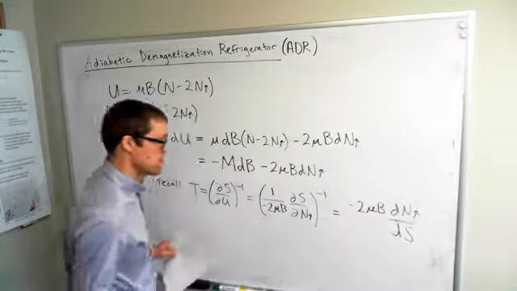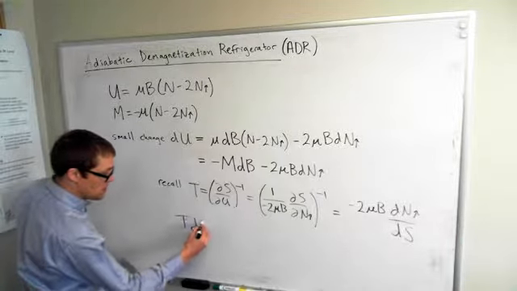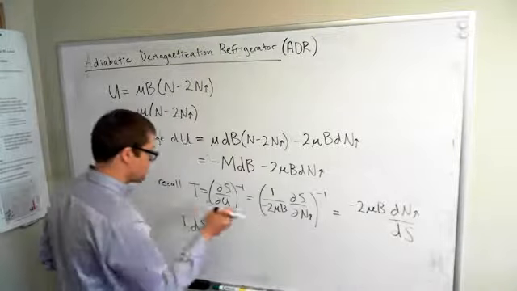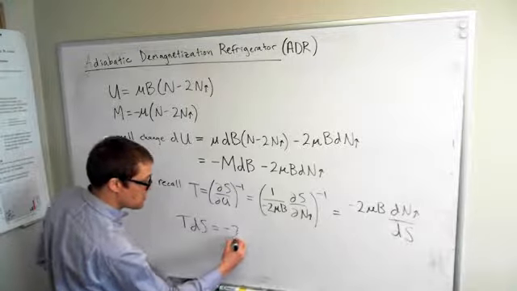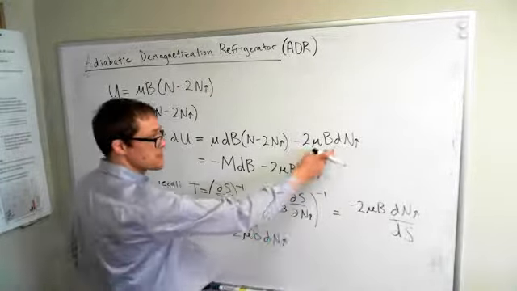So T dS, some small change in entropy, and putting this dS on the left-hand side of the equation, is this minus 2 mu B dN up, right? It's this term.